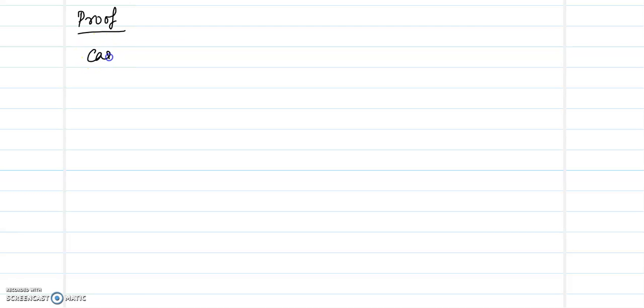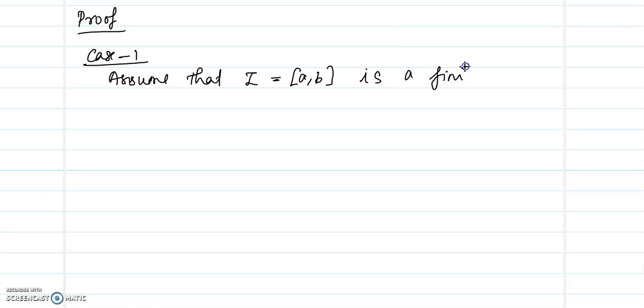So case 1, we assume that our interval I is a closed interval, and we need to show that its outer measure is equal to its length. So assume that I equals the closed interval [a, b], a finite closed interval.